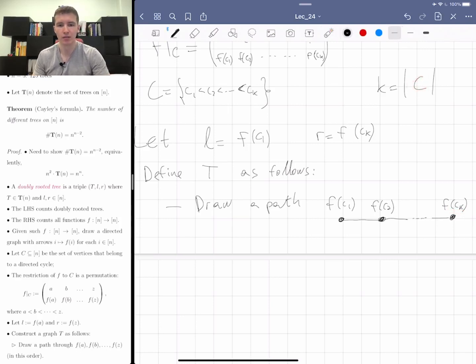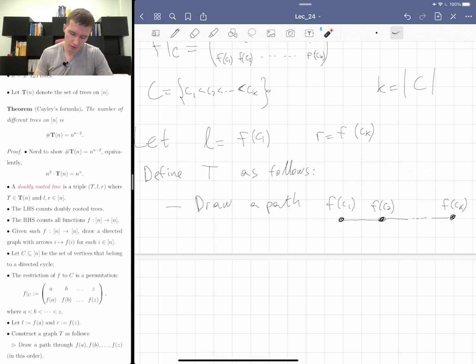And now, in other words, there's a whole bunch of vertices left in my tree which are not connected to anything, right? So if I is not in C, then so far I have an isolated vertex in my tree.